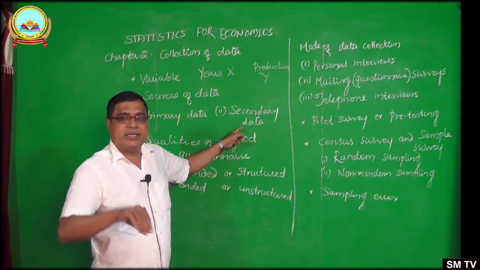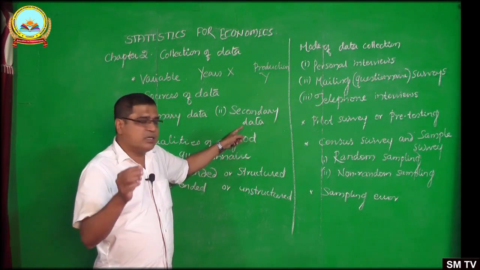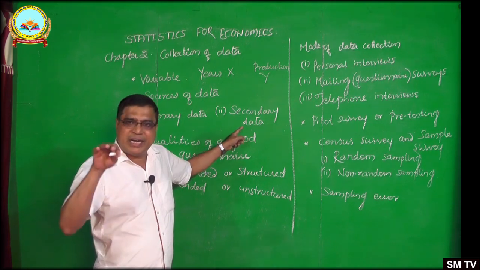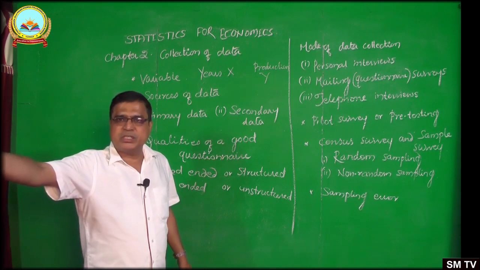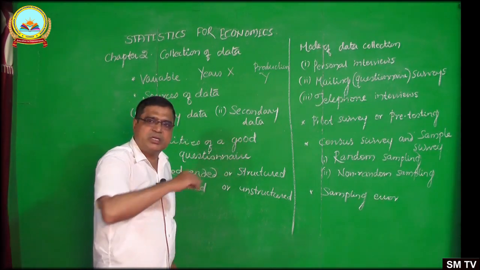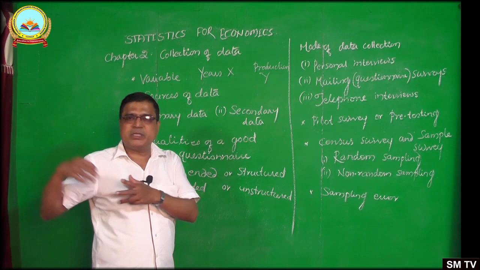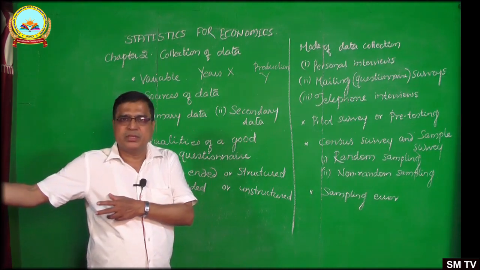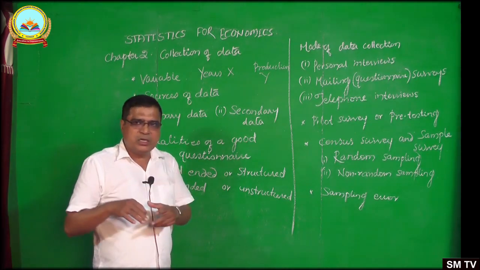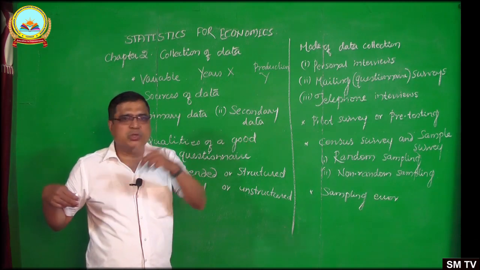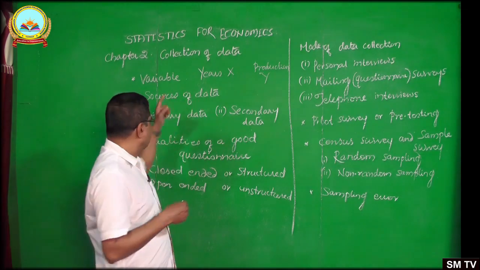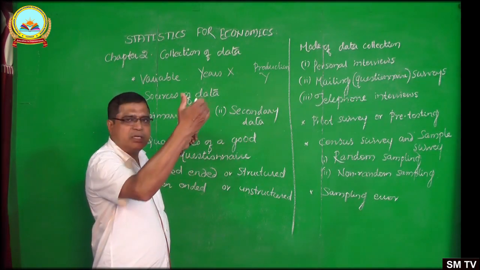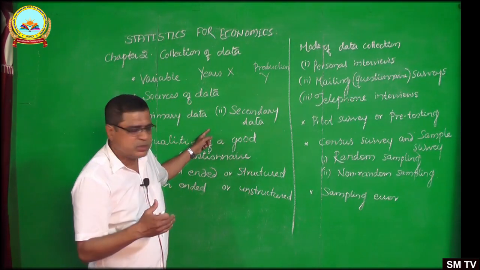And what is secondary data? The data which has already been collected by different agencies or different investigators or different enumerators. Now it is used by somebody else. That is, the second enumerator is not going to collect the data originally. The first enumerator originally collected the data and put it in certain forms.